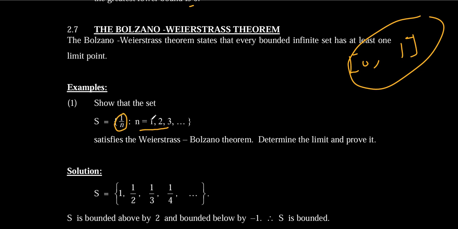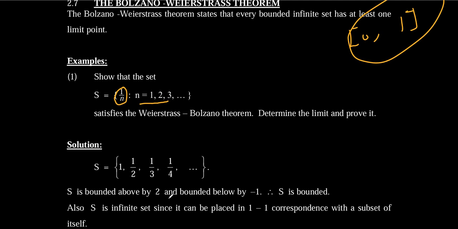So the first term, 1 over 1, is 1. 1 over 2 is 1 over 2. Then 1 over n here will be 1 over 3, continually. Now you realize that this sequence is bounded above by 2 and bounded below by -1.